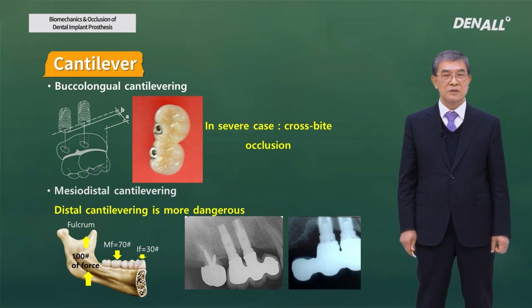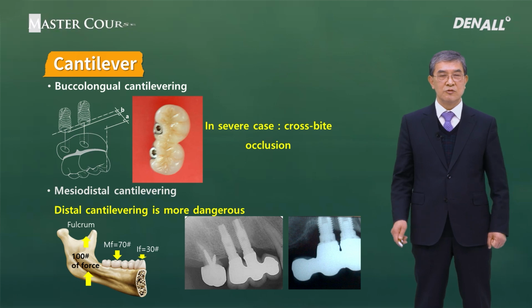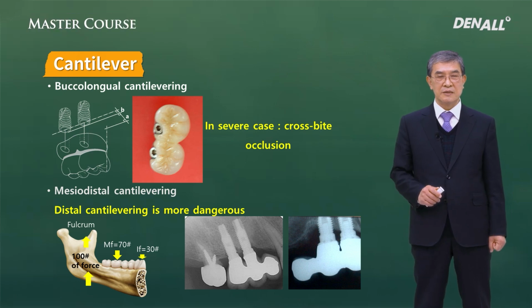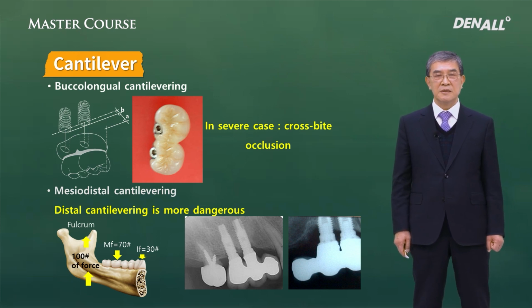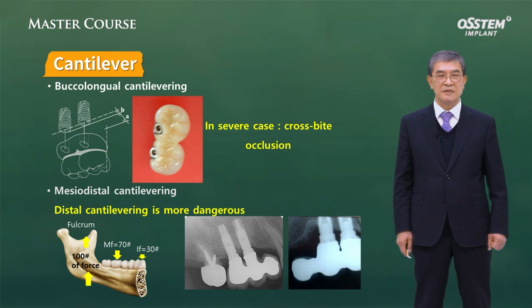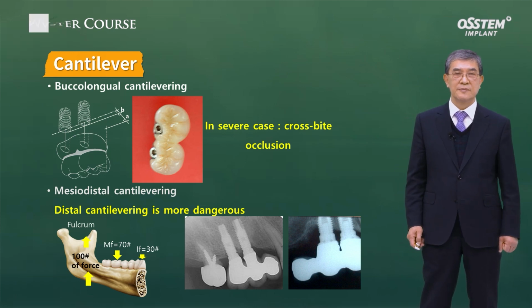The more distal you go, the more force is concentrated. When you do mesiodistal cantilevering, you need to avoid doing distal cantilevering. As shown on the X-ray, it is better to do mesial cantilevering.